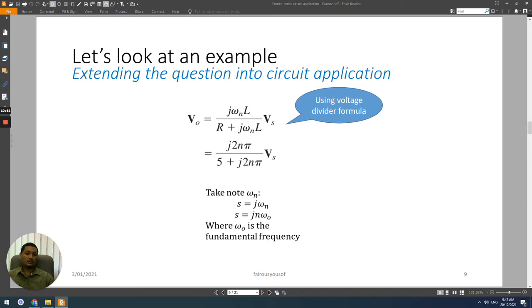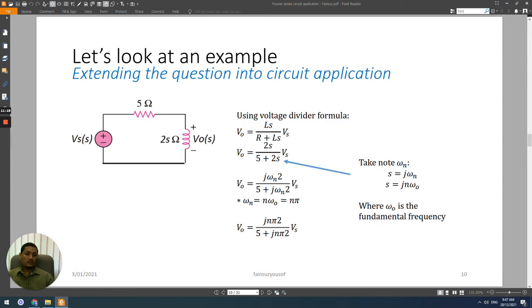This is the 2S, this is the inductor, which is 2, and R plus j omega 2, where j omega is n pi. So using the voltage divider formula, V out is 2S over 5 plus 2S, times Vs.